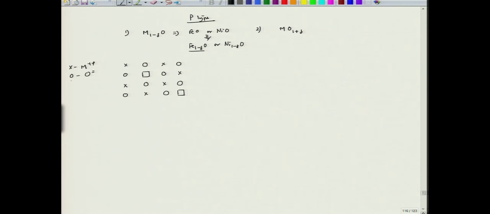These are the nomenclature: M++, O--, and this is a vacant cation site.